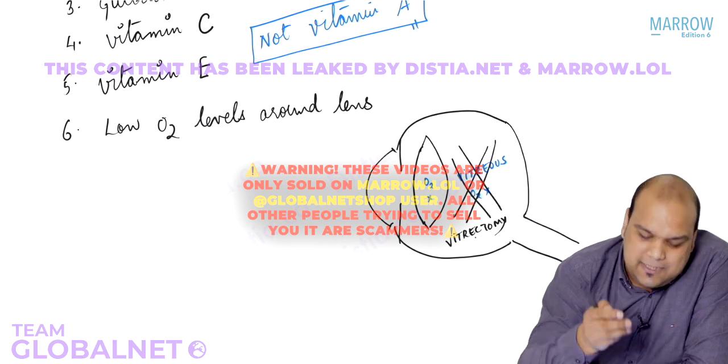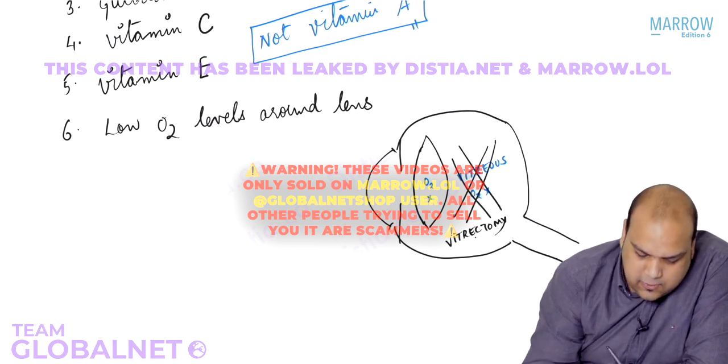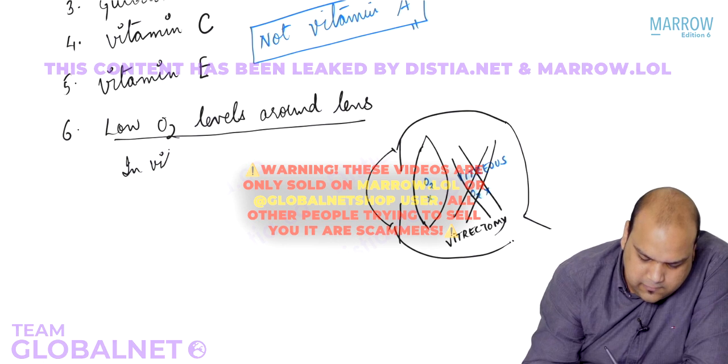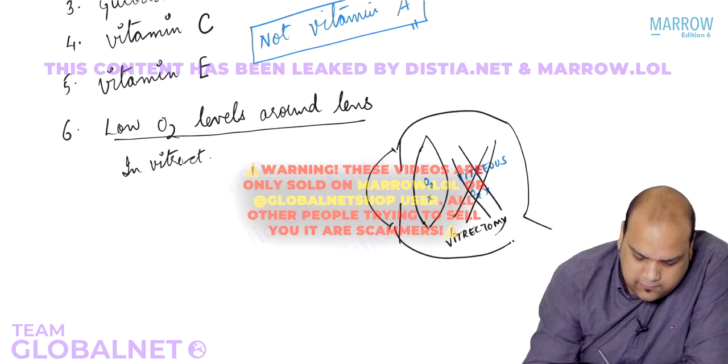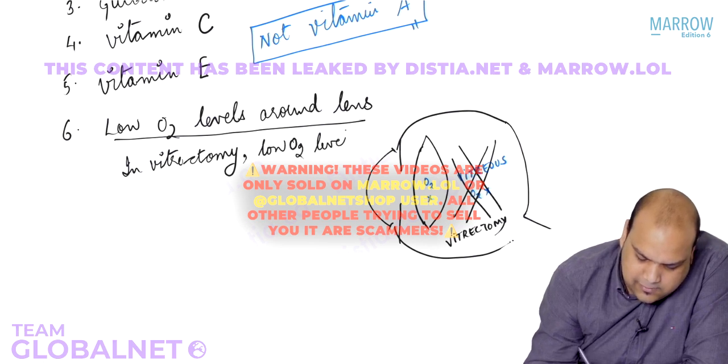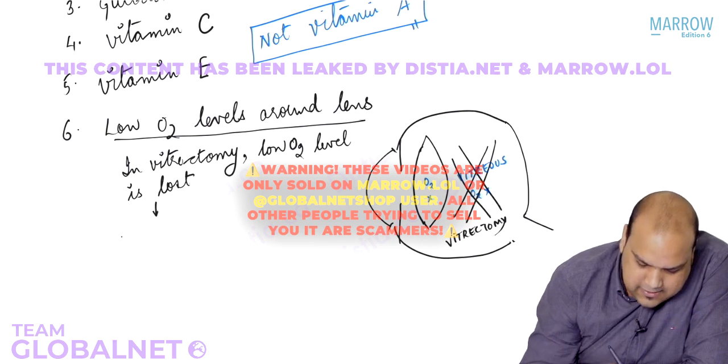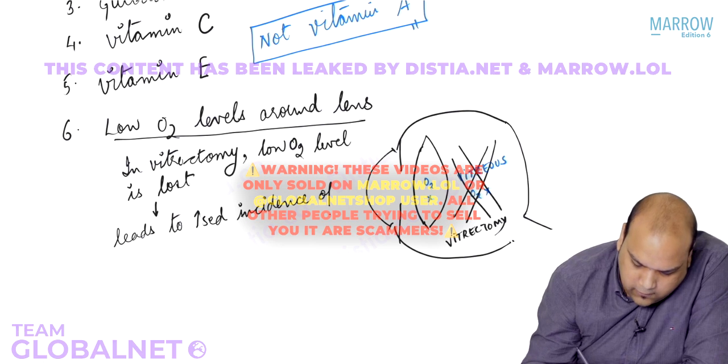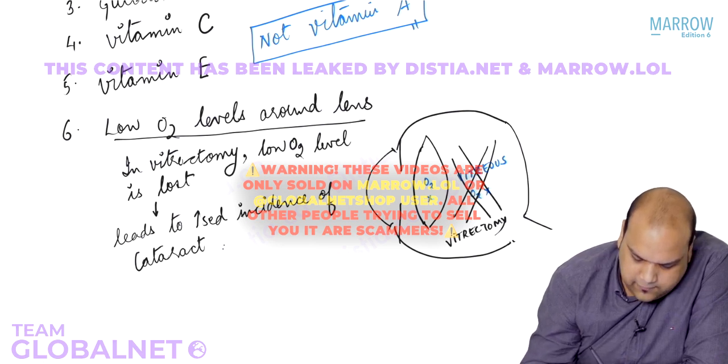So that is why we say in cases of vitrectomy, this low oxygen level is lost, which leads to increased incidence of cataract formation.